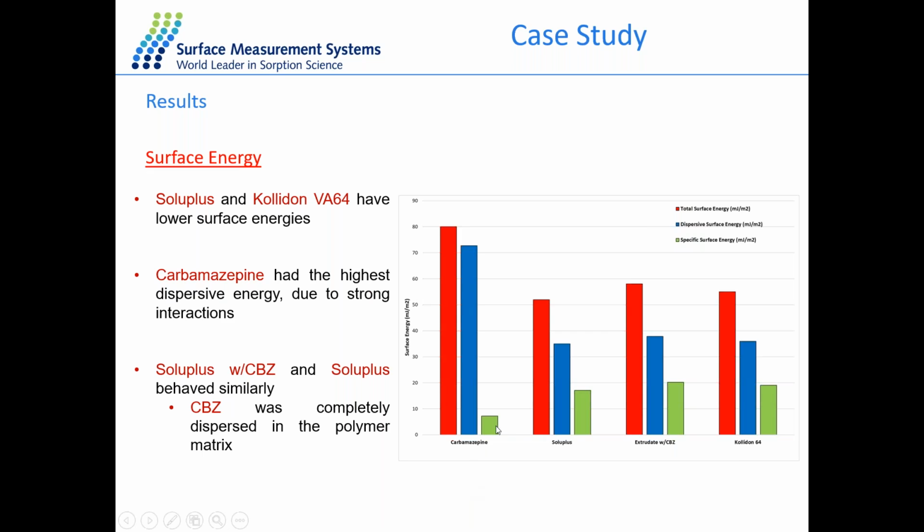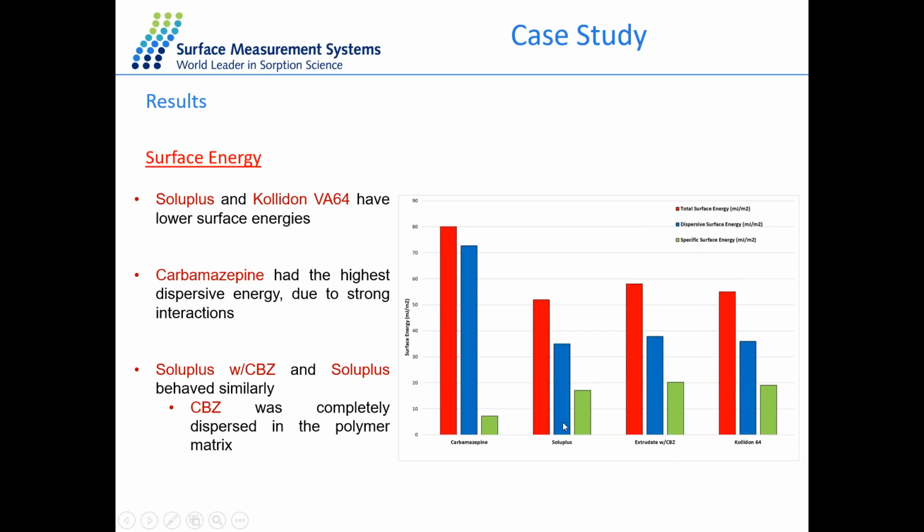We can also see that the carbamazepine has a high dispersive energy compared to the others. And this is due to the types of interactions with our probe molecules. We can also see our Soluplus and our extrudate with our carbamazepine look quite similar.